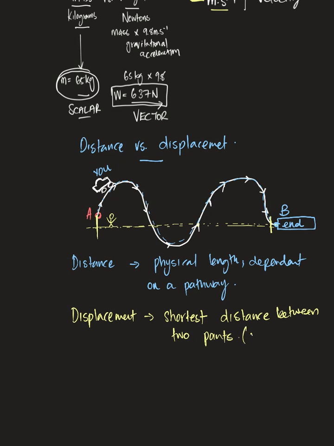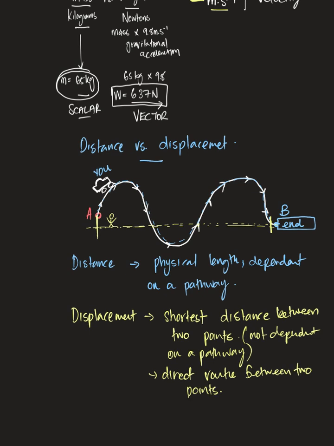So it's not dependent on a pathway. It's always from the starting point, a direct route between two points.